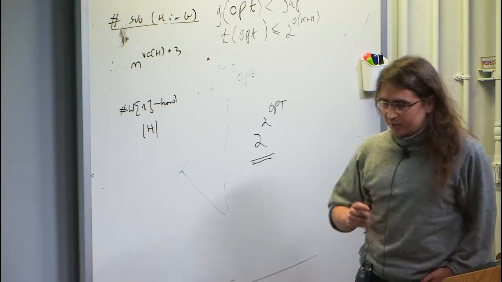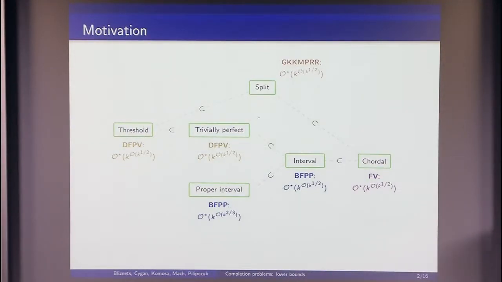Our main motivation is all the positive story that was presented before. It started with the work of Fomin and Villanger, who gave the first subexponential algorithm for completion to chordal graphs, also known as minimum fill-in.